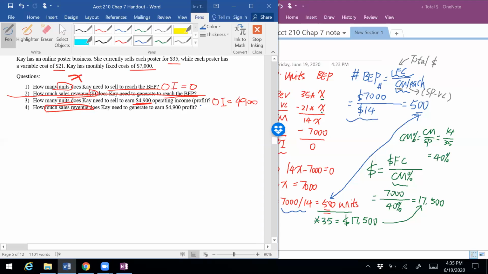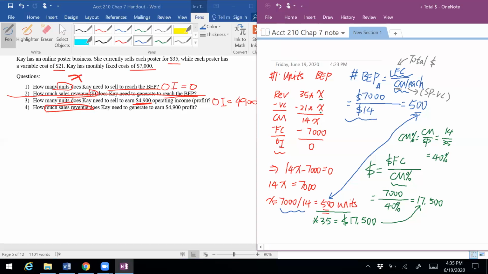What can we do? The first way is that your operating income is not 0 now, so you change your operating income to 4,900. So now 14x minus 7,000 will not be 0, but will be 4,900.